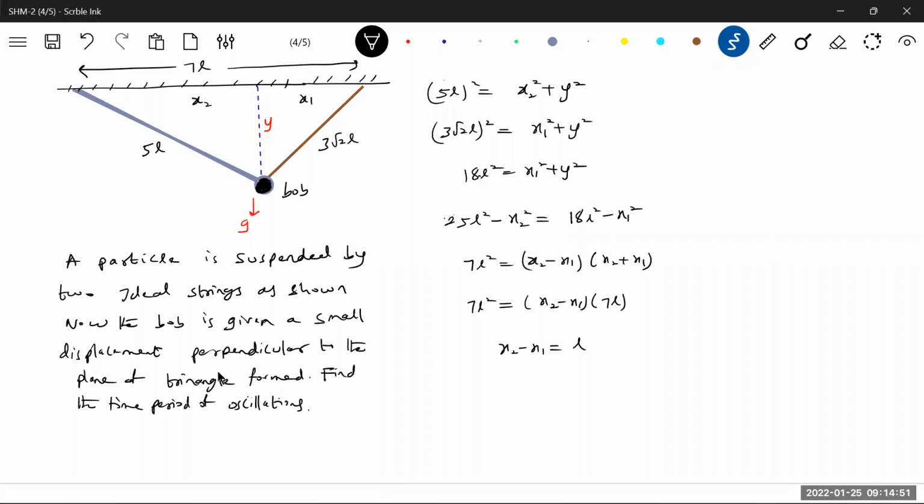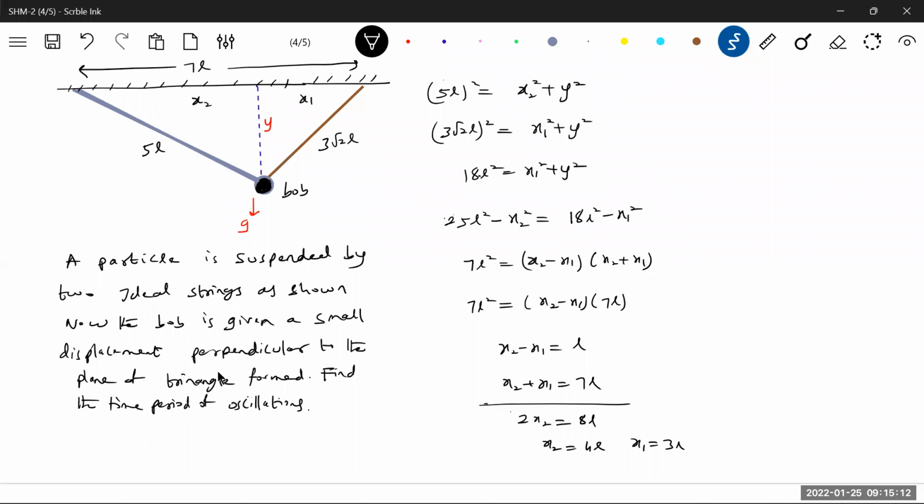And we know the other equation. Adding up these two. Okay, then can we calculate y?